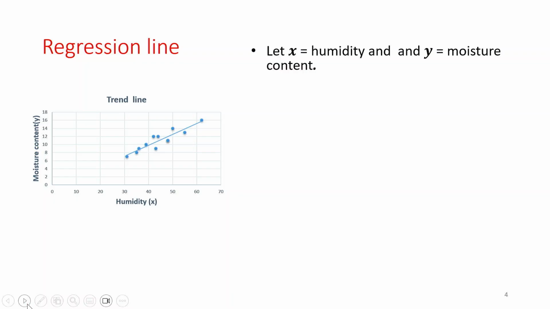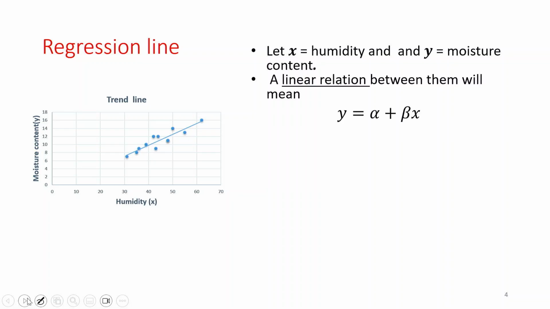So let us say X is the humidity and Y is the moisture content. And a linear relationship between them will mean Y can be described by this functional relationship. Y is alpha plus beta X. X is given here, humidity, which is the independent variable, and Y is the dependent variable, that is moisture content.